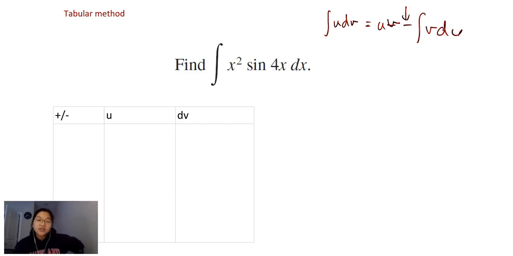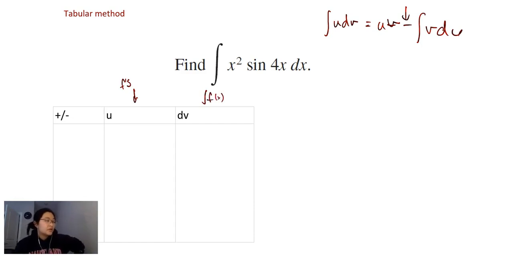Our second column is u's, so what the u values are going to be as we do multiple steps of integration by parts. So that's taking our derivatives. And then our dv's, we are integrating down. So here we're taking f primes, and on this column we're taking f integrals.